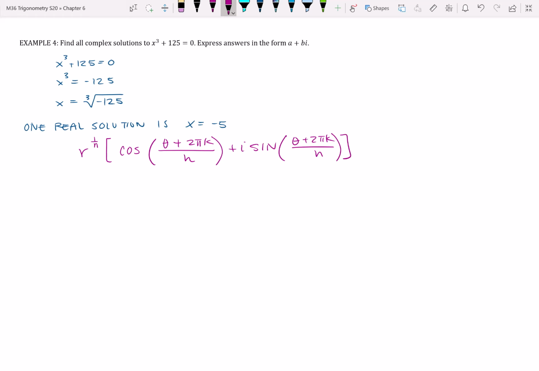Right, so this is, by that theorem, the nth roots of a complex number. So this would be equal to x, in this case. x is equal to all the solutions generated by this equation.